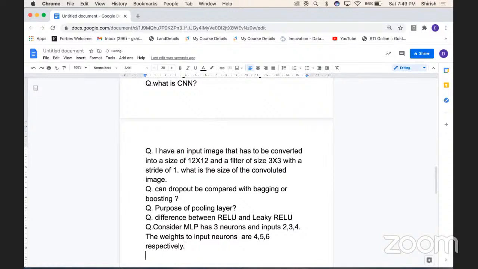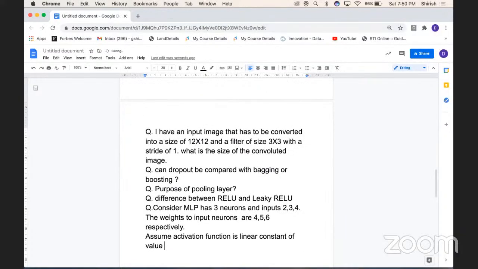And finally, what you have to do is apply the activation function, right? Assume your activation function is linear, a constant of value 3.